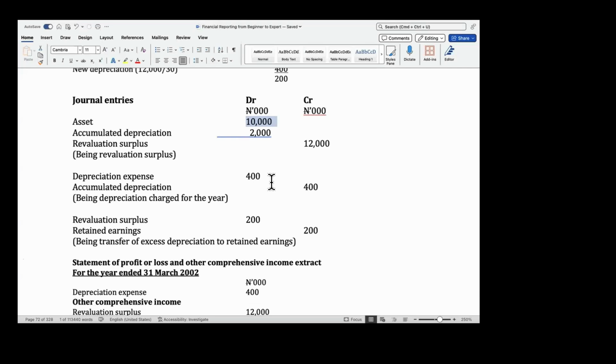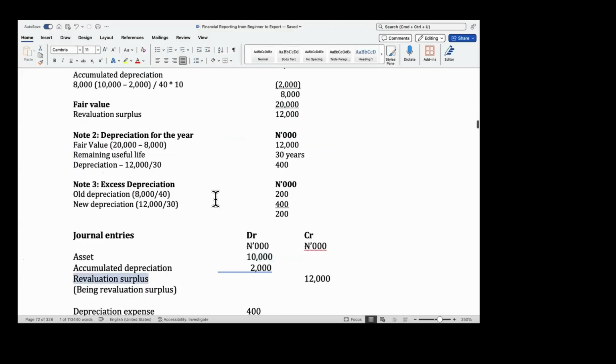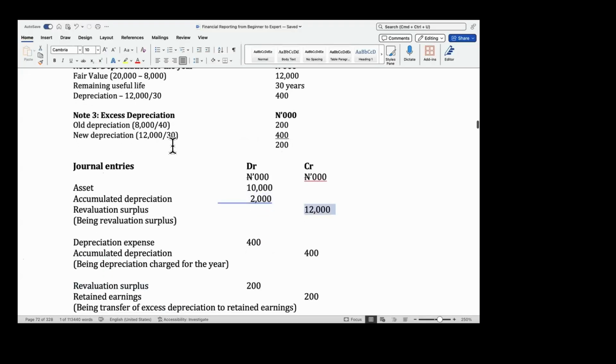Now, let me come back to this excess depreciation here, this note 3. Why this note 3 is coming up is because we were told that it is the company's policy to make a transfer to retained earnings in respect of excess depreciation.